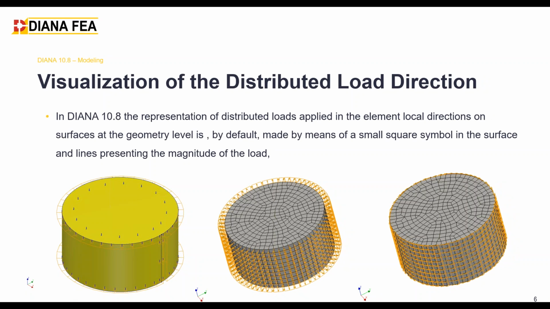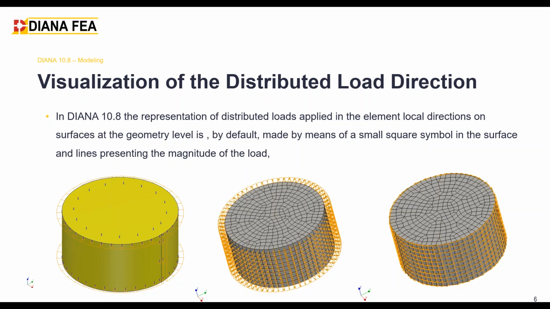The representation of this distributed load applied in the element local direction on surfaces at the geometry level is by default made by means of a small square symbol in the surface and lines representing the magnitude of the load. The reason for this is that at the geometry level, the element type is not yet known, so it's not possible to completely define the element local axis.